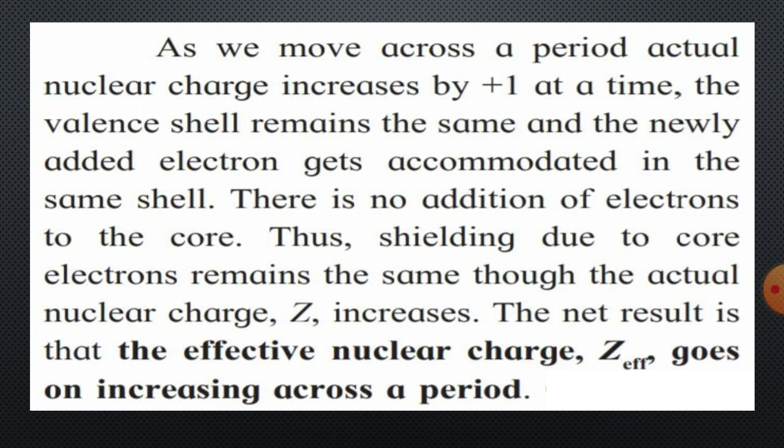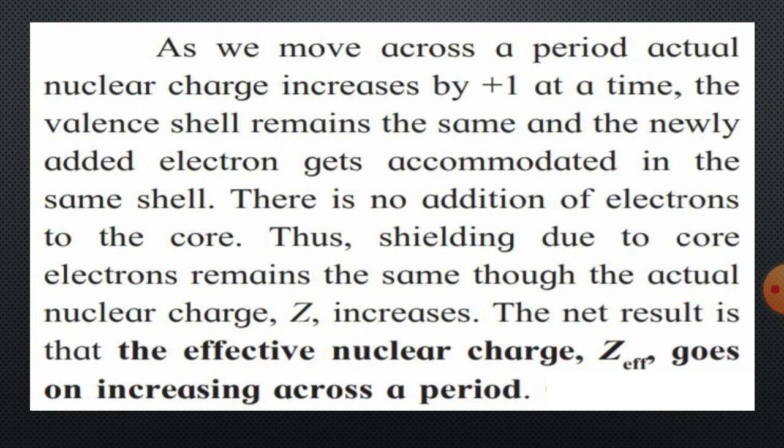A new electron will be added. So as we move from atomic number 3 to 4, one electron is added. The valence shell will remain the same. In the third period, the number of shells in any of the elements will be 3.